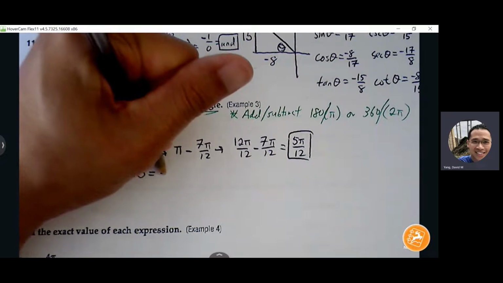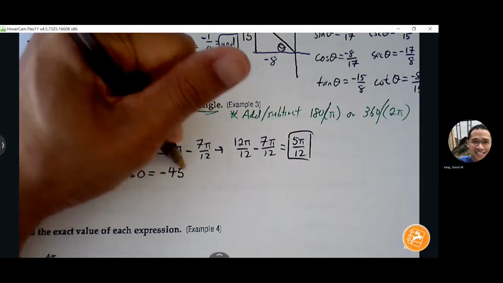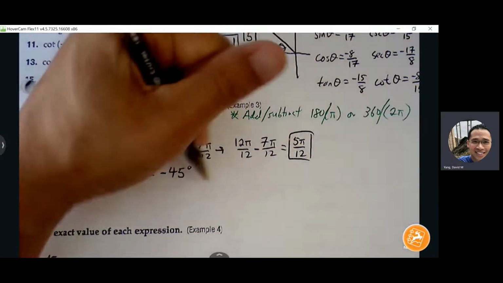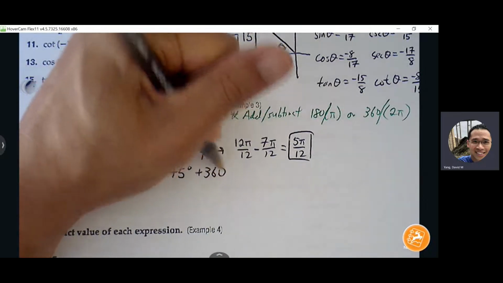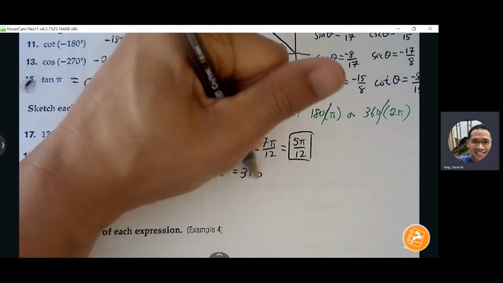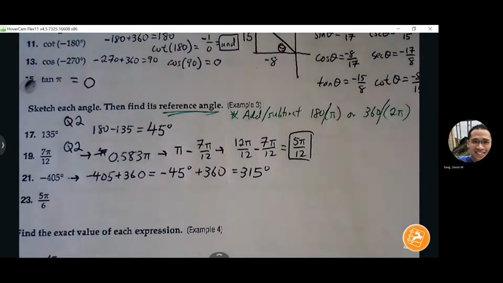We're still in the negative region. I can keep adding 360. I'll get 315. 315 is in the fourth quadrant. Subtract using 360.